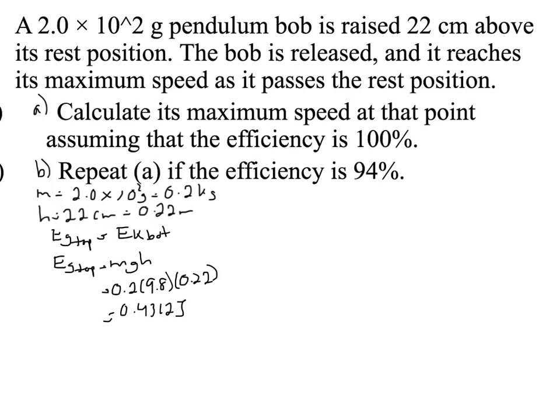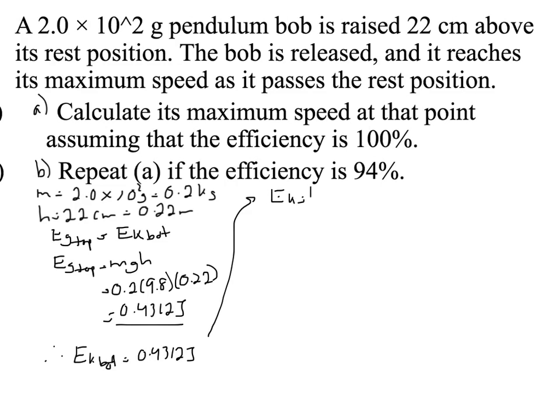And we want to calculate the maximum speed at this point. Well, maximum speed, we know this is EG top, so therefore we can say that EK bottom, where the maximum speed is, is also going to equal 0.4312.